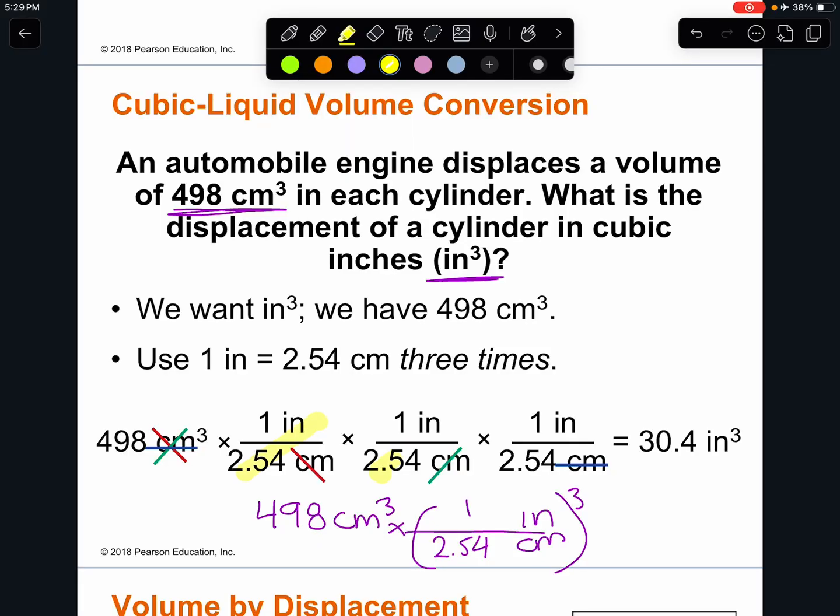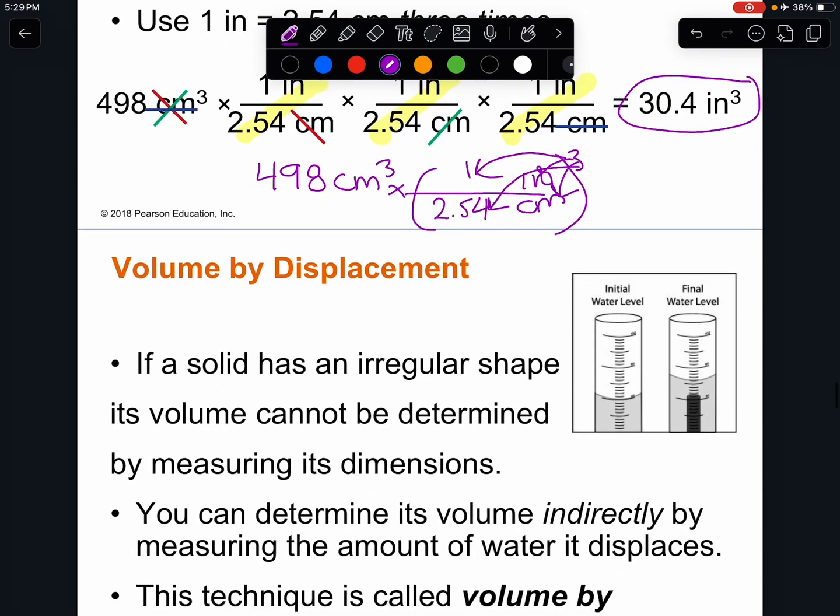But you can see here that they actually just did the problem 3 times. It is up to you what you prefer. I really am fine with either, but with this method they're showing you here, you need to show it 3 times, where for me, when you're showing it my way, you just have to remember that you are cubing everything inside here. So you're going to cube that 2.54 before you divide. Okay, so try it whichever way you like and make sure you get this answer.